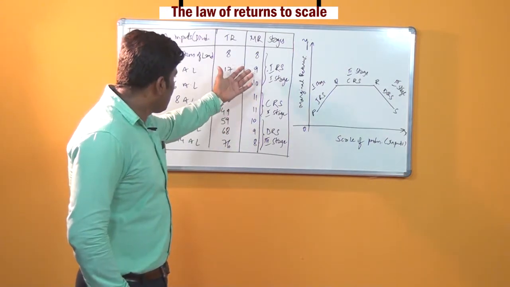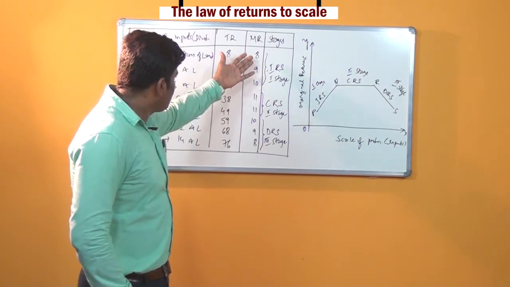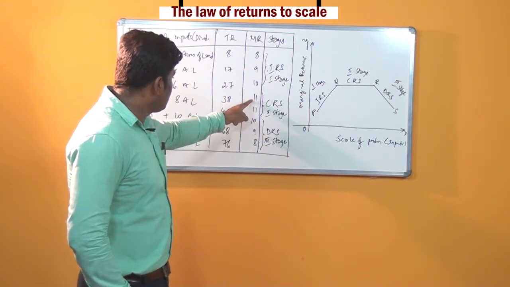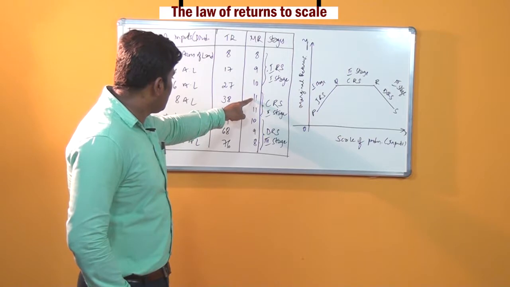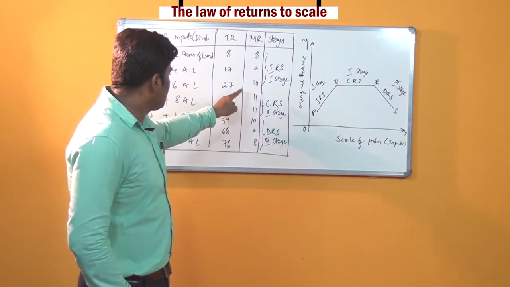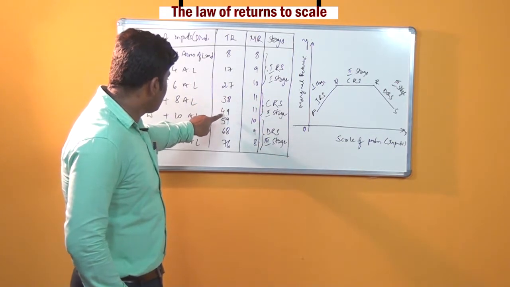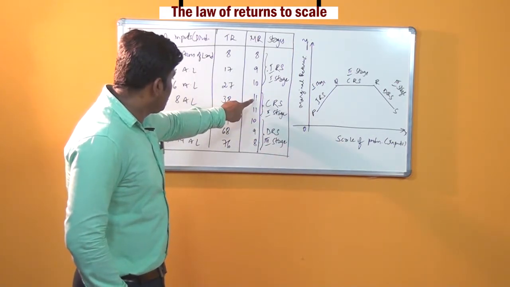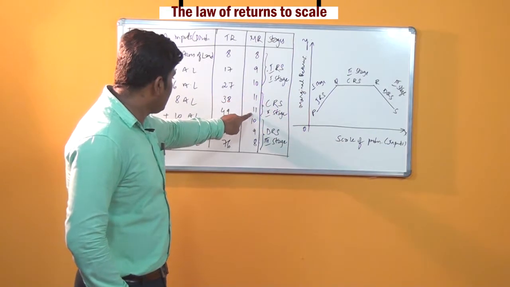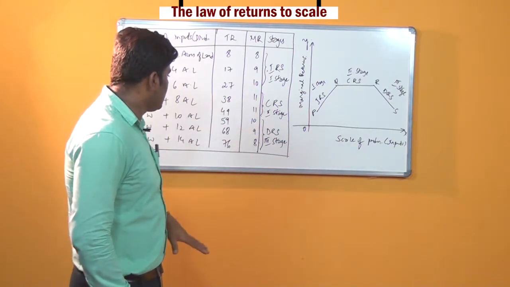See, the third column, the marginal return column, says that in the second stage total produce is increasing at a constant rate. It was 27, it has increased to 38, later on to 49. It means that it has increased at a rate of 11 units in the second stage.